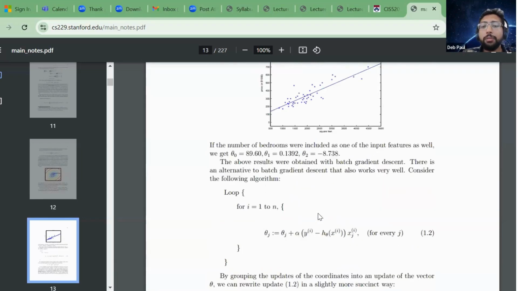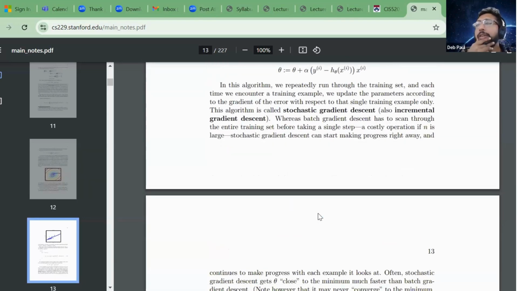There are different kinds of gradient descent: stochastic gradient descent, batch gradient descent, and full gradient descent. In my training set I might have 10,000 points.